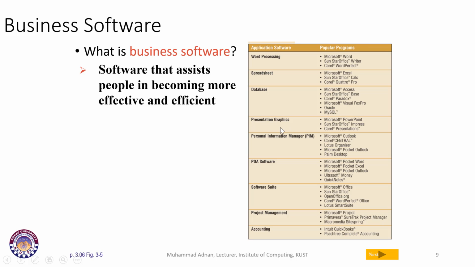We have presentation and graphic software, personal information manager, PDF software, software suites like Microsoft Office, and project management software like Microsoft Project, Primavera, SureTrak, Project Manager, and accounting software. So it's up to you which one you need and which one you like, and you can download it, buy it, then install it and run it.